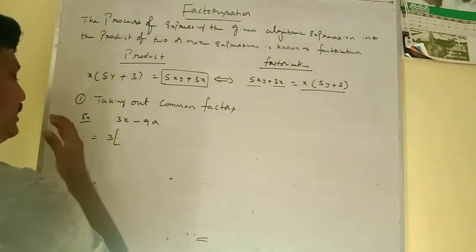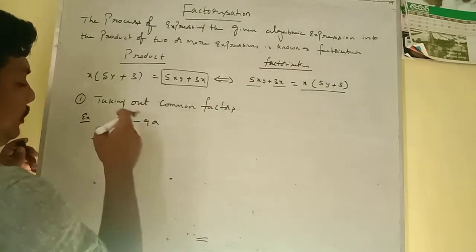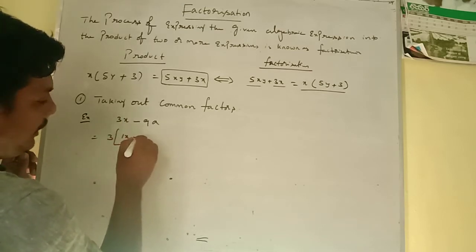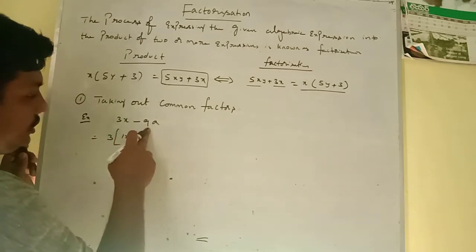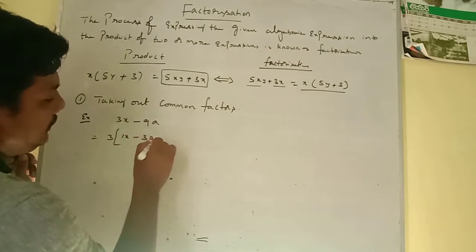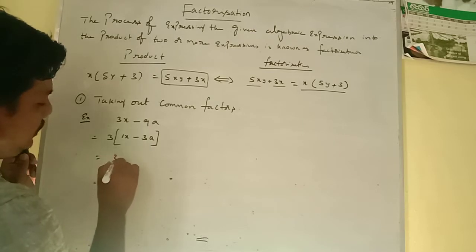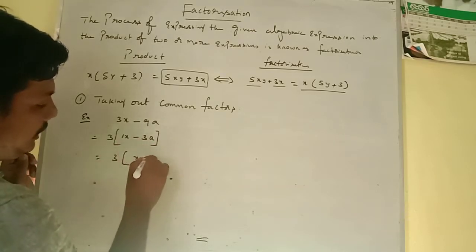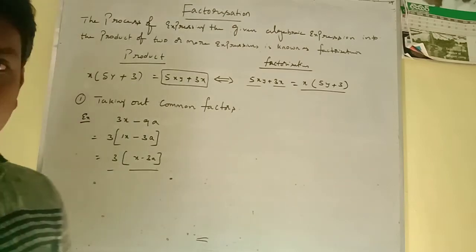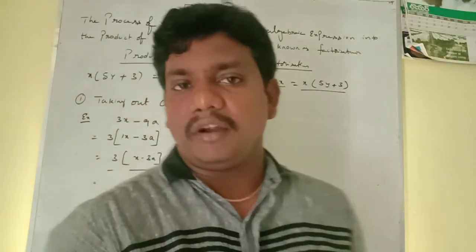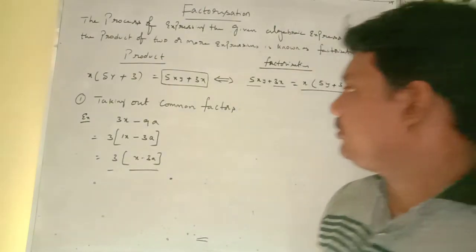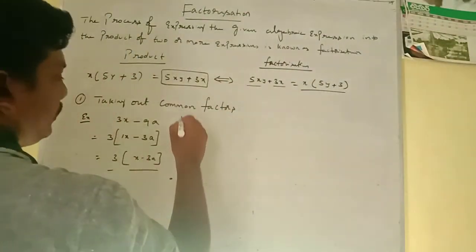When 3 is taken common, 3 ones becomes 3, that is 1x minus, and 3 threes becomes 9, that is 3a. So 3 into x minus 3a. Like that we can divide into factors. By taking common factors we find the factorization. So this is the first example. Next, let us see another problem with this method.